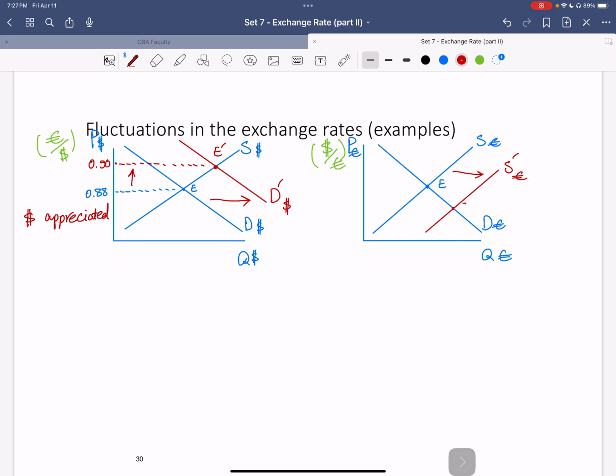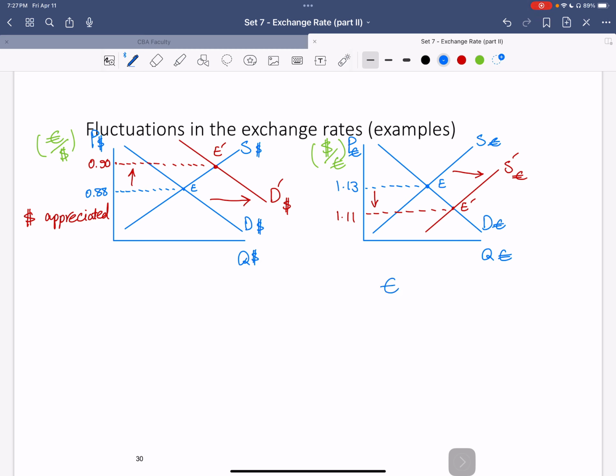Now, if you look at this new equilibrium point, comparing these two values, you see exactly what I just said earlier. Euro depreciated, 1.11, 1.13.